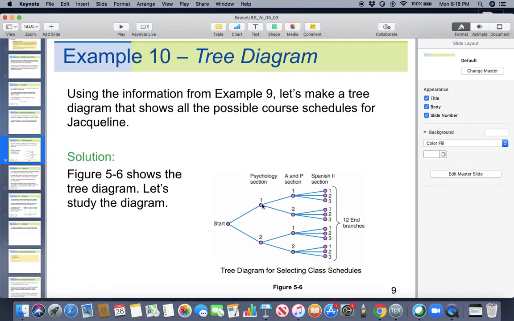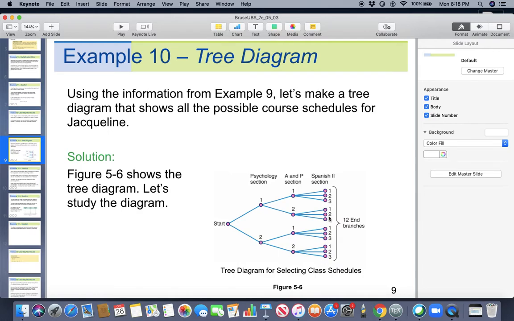Once you have chosen an option for psychology, there are two options for A and P section. For each A and P section you choose, there are three options of Spanish. So 111, 112, 113, these are all different schedules. Likewise, 121, 122, 123, these are different schedules.